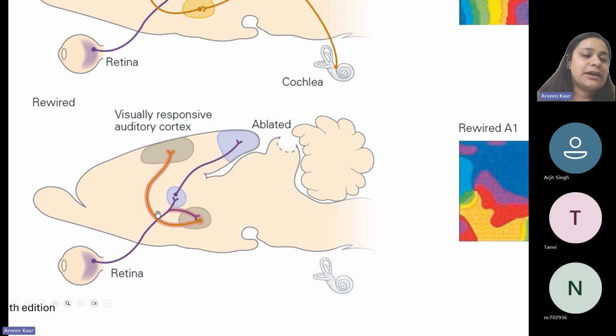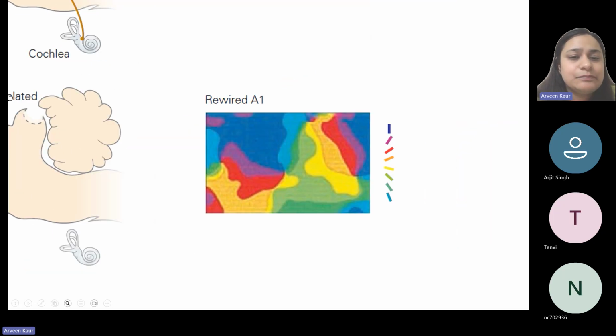Their connections are basically leading to, and they are also activating neurons in this auditory cortex area. But now it will not be responding to an auditory stimulus, but it will be responding to a visual stimulus. So that is why it has been written as a visually responsive auditory cortex, right?